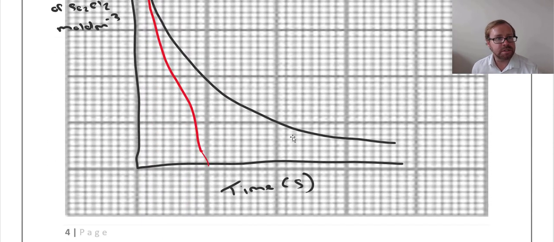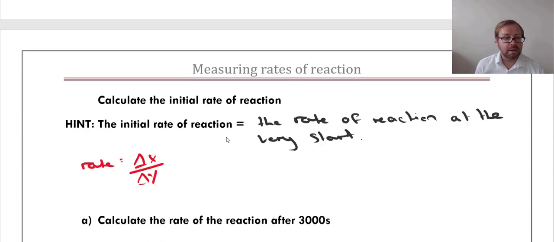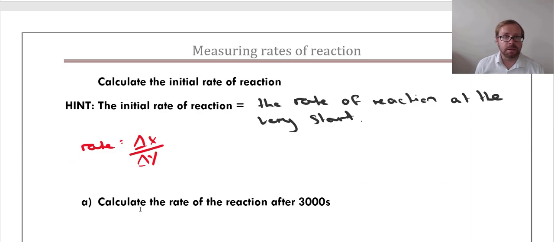We'll arbitrarily put this value here as 3000 seconds. So I need to draw a tangent using my ruler, which I don't have. Oops, down here. So here is where I should be drawing this tangent line, which is a terrible attempt. And then I can work out my rate of reaction again by using this formula.